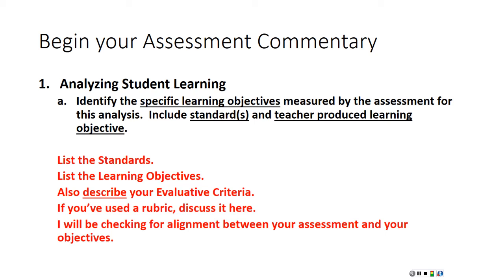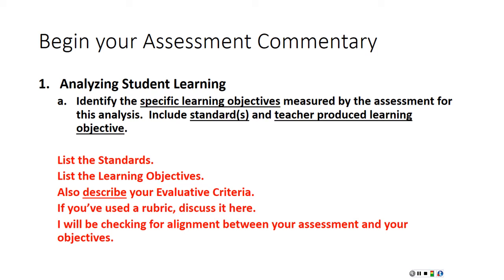And this tells you I will be checking for alignment between your assessment and your objective. Don't think that just because you've listed them and it's obvious to you that they're aligned, that I'm going to make that connection. You need to tell me why you think they're aligned. How is their alignment? A good way to start would be, in order to evaluate or assess objective one, and so on.